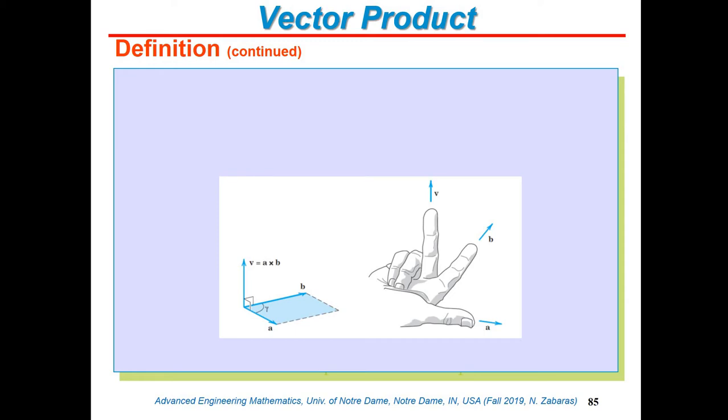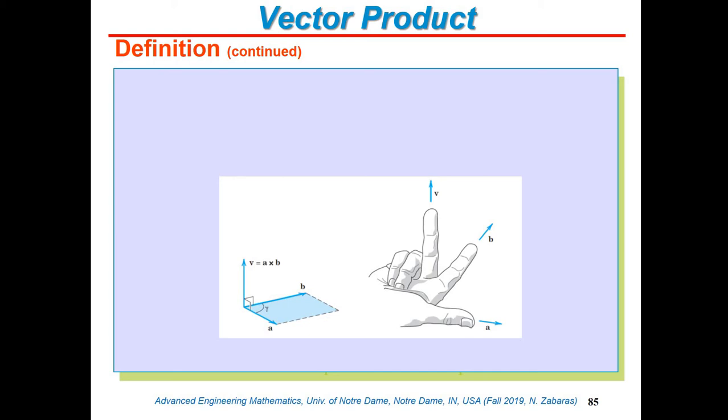Another way, using again your right hand, is you can point all your fingers from the direction of A to the direction of B. Then your thumb has to be in the direction of A cross B. I think there is a schematic of this later in the slides, referred to in the literature as the right-handed screw.